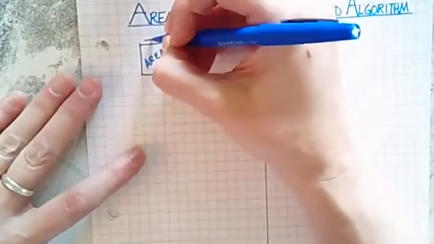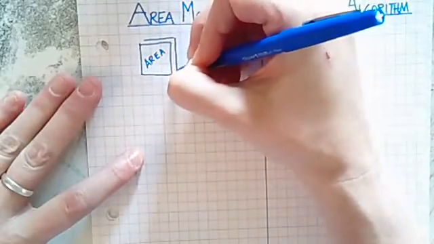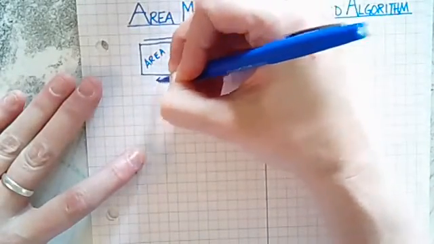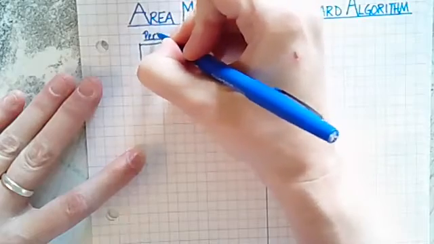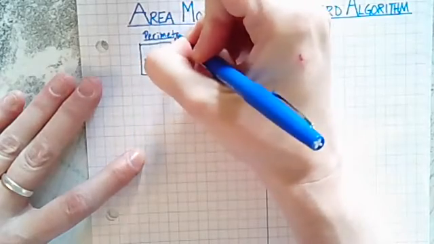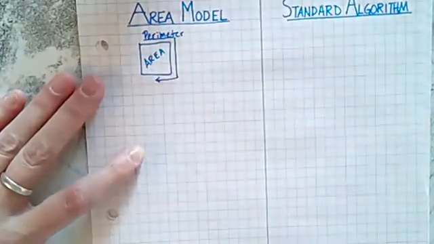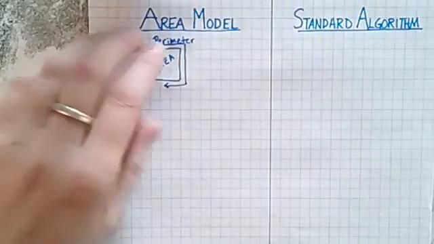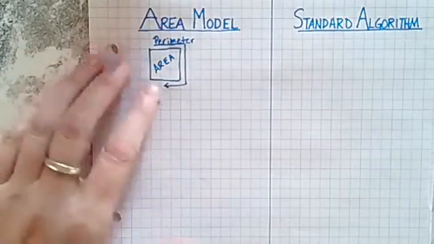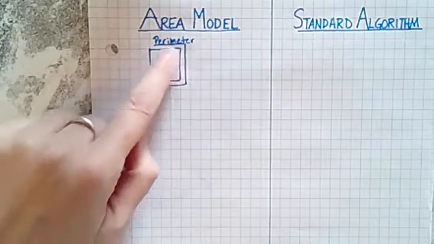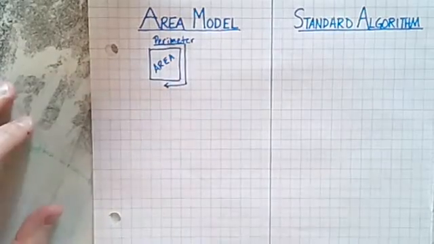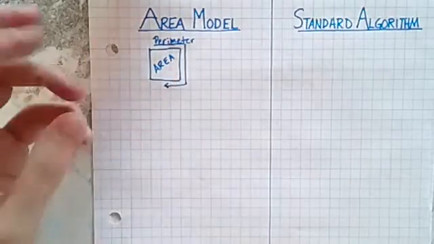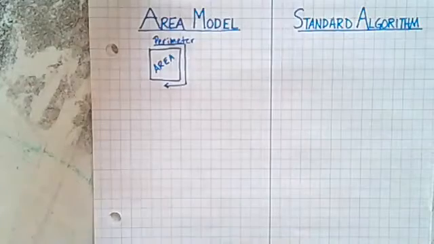And remember, perimeter is about the line that goes around our box, right? Perimeter is where we add. Area is our multiplication. So that's why the area model actually uses a box, because we're talking about the area inside the box, or how big that area would be.